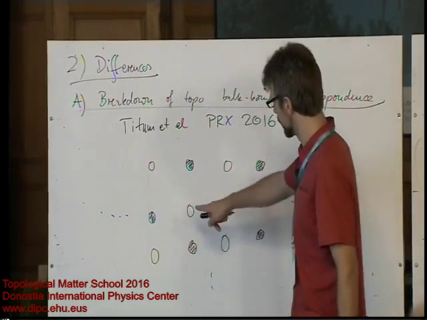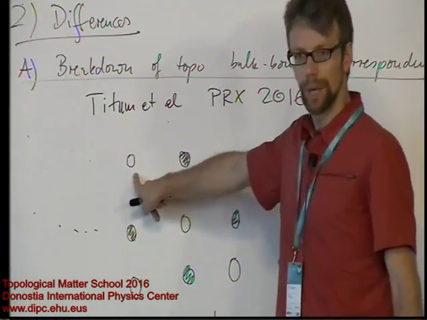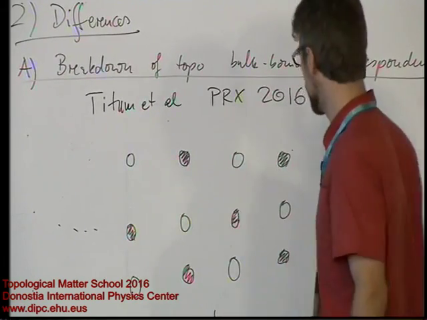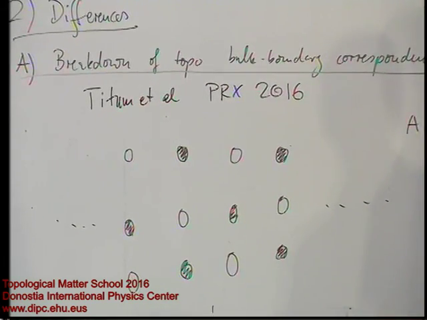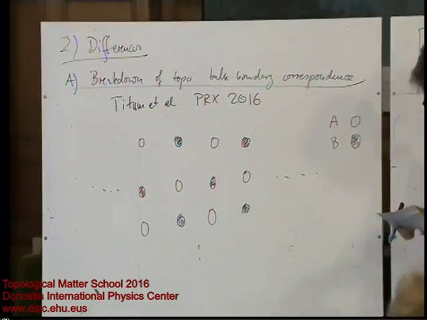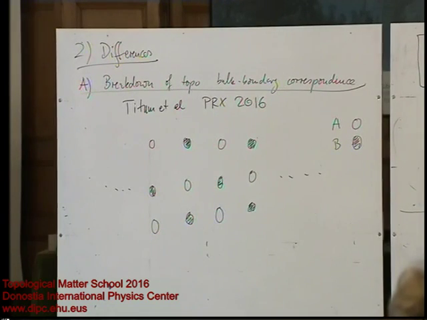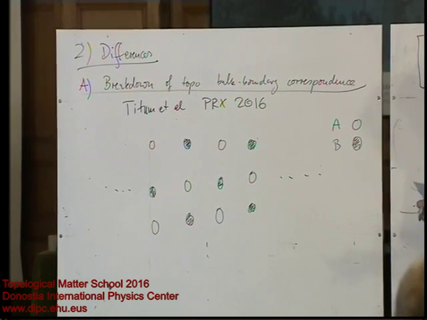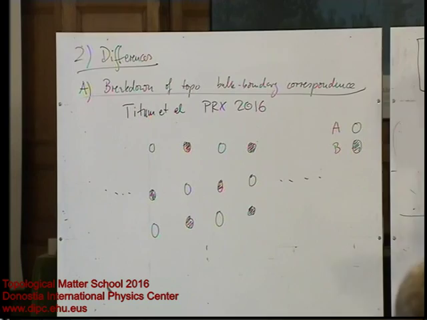So we have sites here where electrons can live, and there are A sites and B sites, colored in light and dark. We should think of having some chemical potential that distinguishes between these two sites.